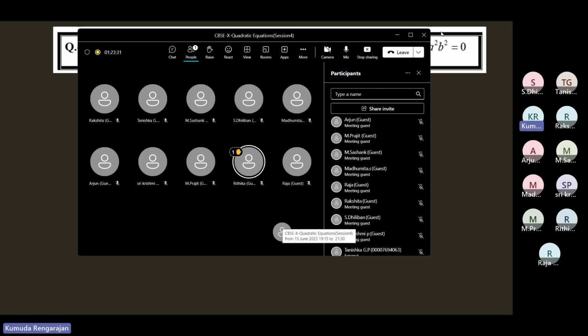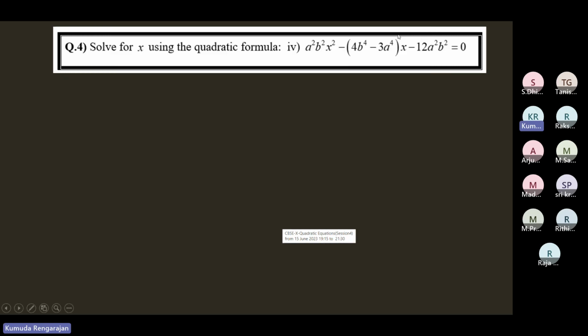Yeah, Raja, tell me how will you factorize this? If you have to solve for x by factorization, then how will you do this, Raja?